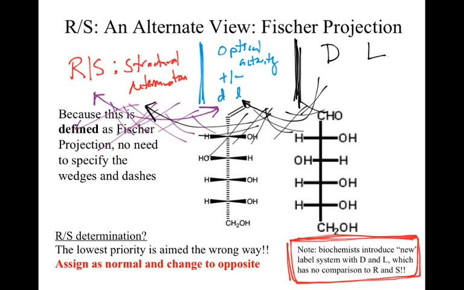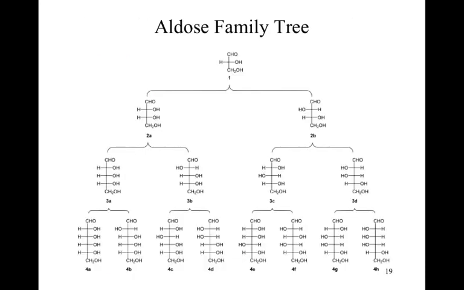Last thing we'll bring in here, just as kind of, well, it's not really a happy thing, but if we think back to Fischer and go, well, why bother to go through and deal with this whole extra rule set for Fischer projections? Well, this is what Fischer was looking at. Okay? This is a family tree of your ketone, or sorry, your carbohydrates that have aldehydes within them.